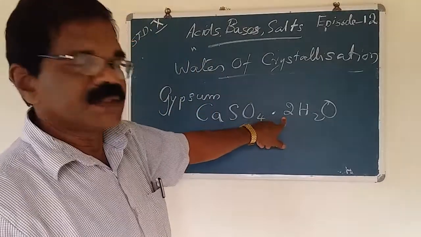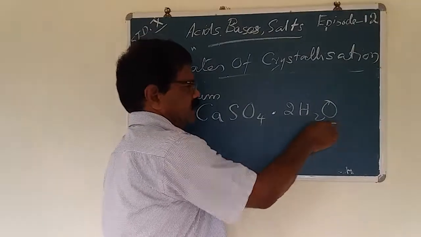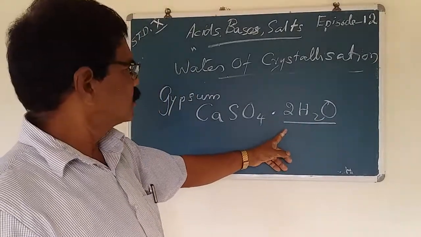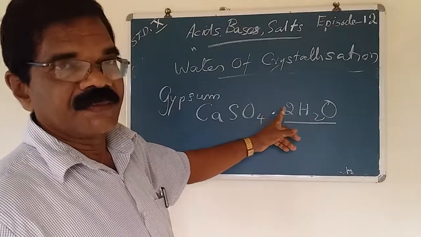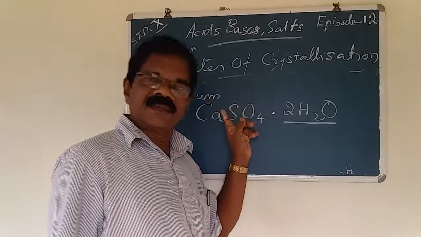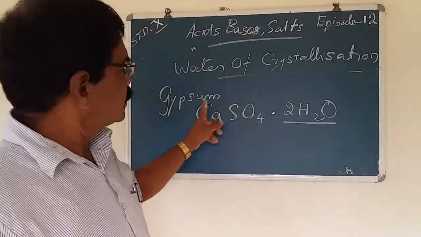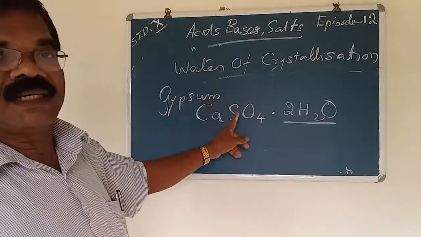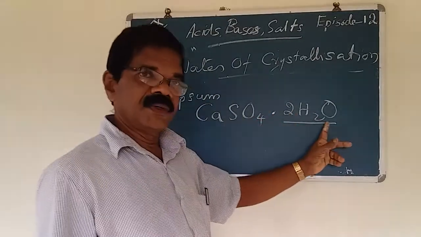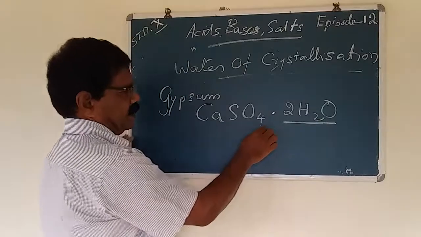It is known as gypsum. Here the water of crystallization is 2H2O, the fixed number of water molecules. So here also the common name, or industrial or commercial name, is gypsum. Chemically it is calcium sulfate 2H2O.